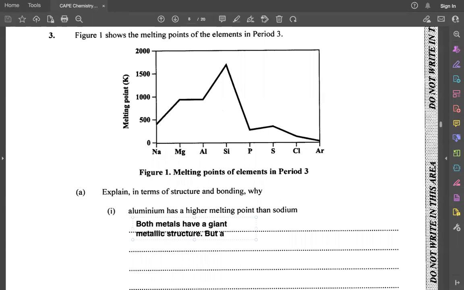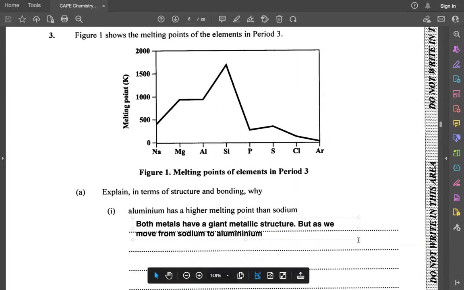but as we move from sodium to aluminum, we have to think about what's changing, right? So as we move from sodium to aluminum, let's extend this a little bit more.